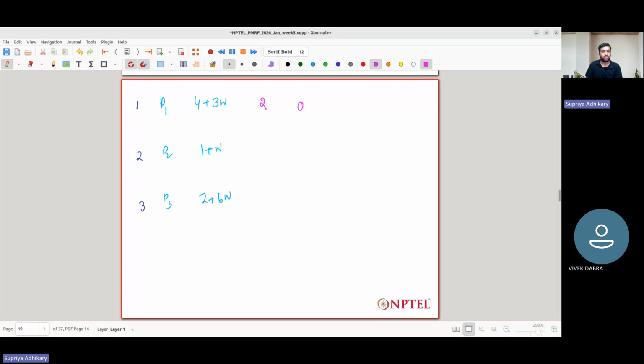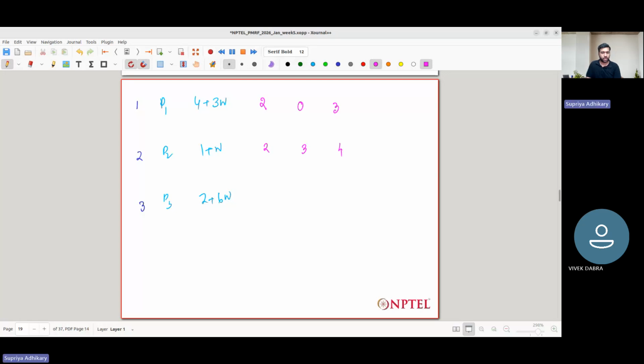And for 3, it should be 3, 3, 9, 4, 13, so it should be 3. Similarly over here, at 1 it should be 2, at 2 it should be 3, at 3 it should be 4.